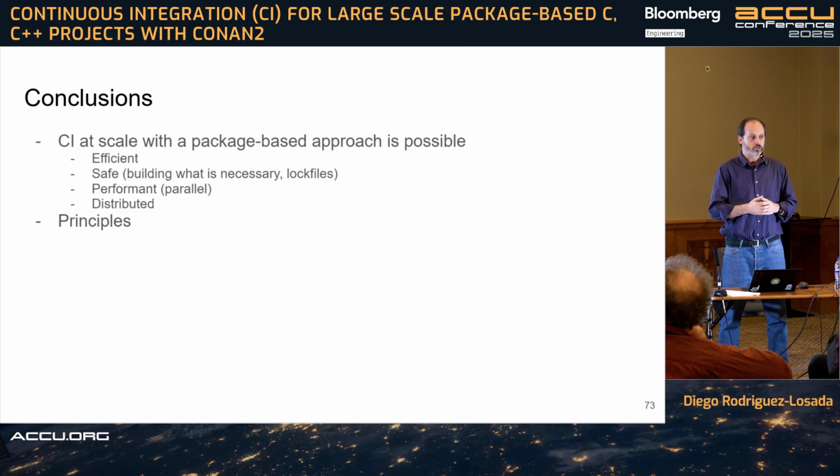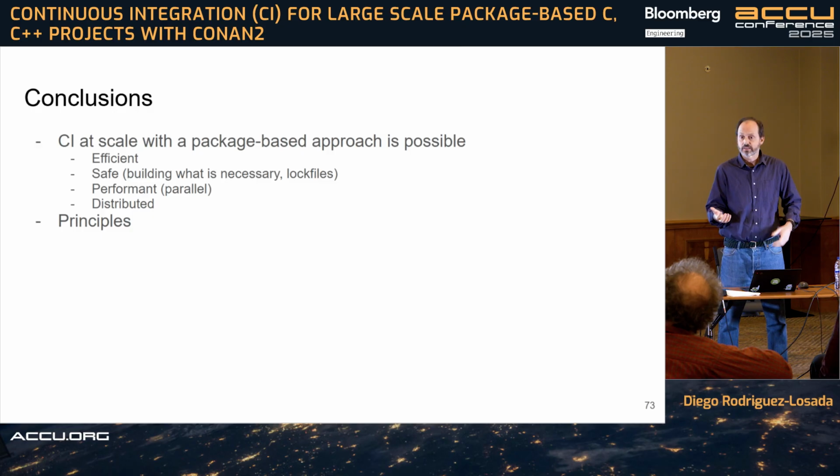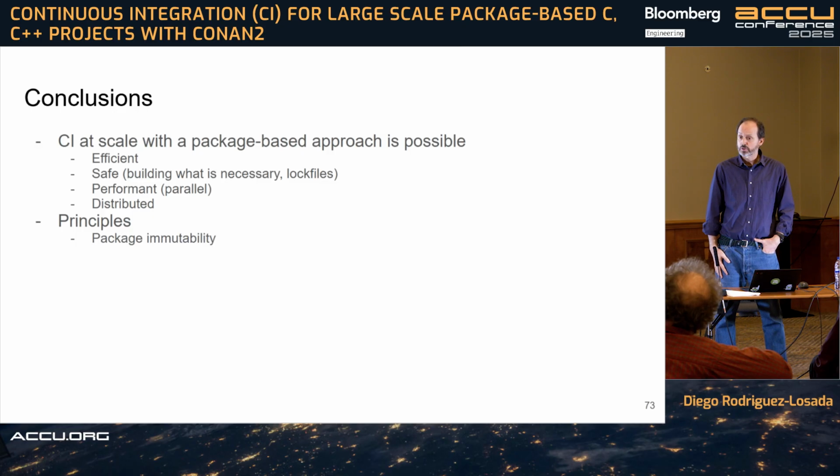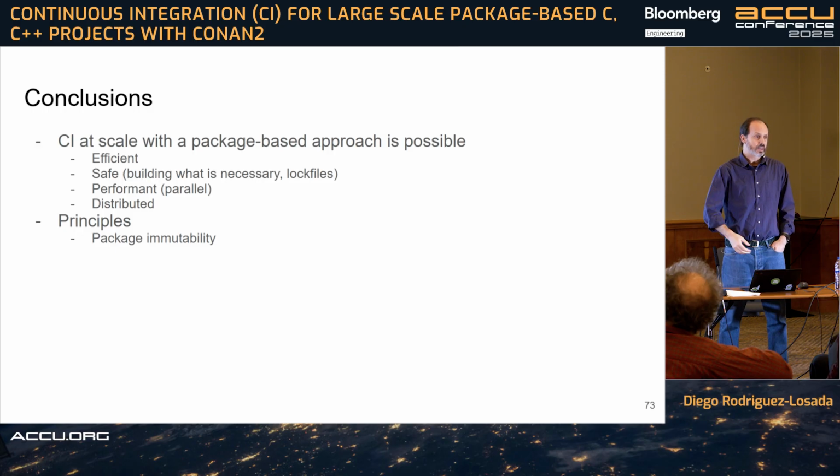We have also introduced some principles that are very well known in the DevOps industry for a long time. But we in the C++ community, also because there was no package manager before, honestly, have not adopted yet. Some of them are very important, like package immutability. A very common DevOps mistake is you build something, you test that thing, right?